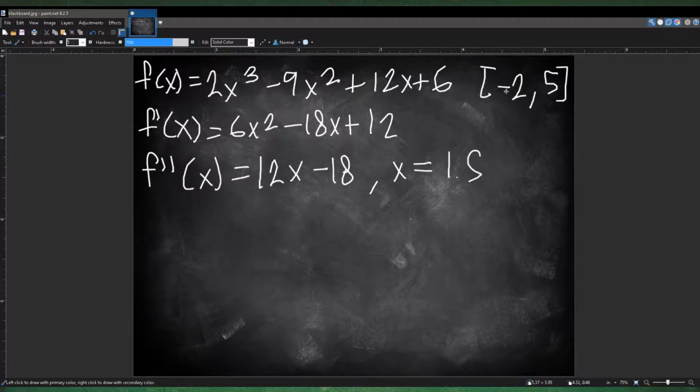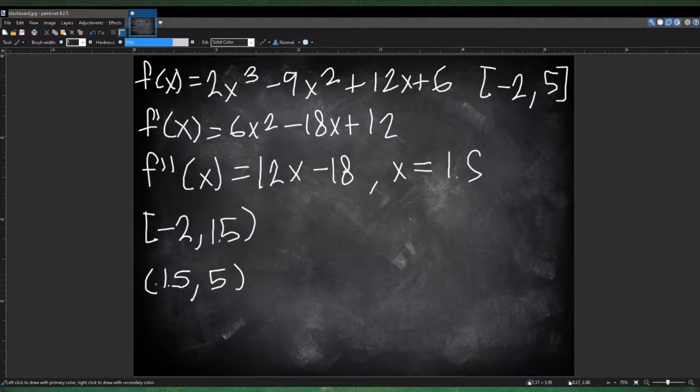Now our domain restriction is from -2 to 1.5, and from 1.5 to 5. So those are our two intervals. Always put your intervals. If there's no domain restriction, then just say -infinity to 1.5, and from 1.5 to infinity.